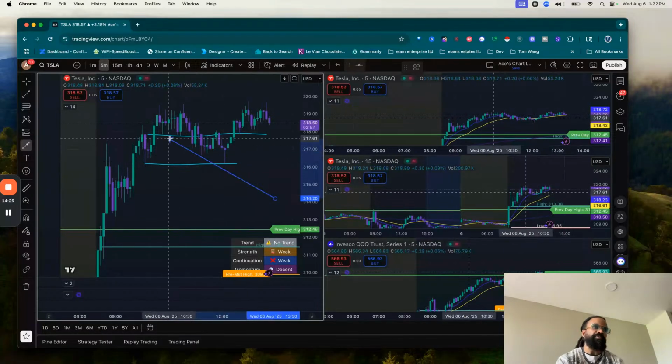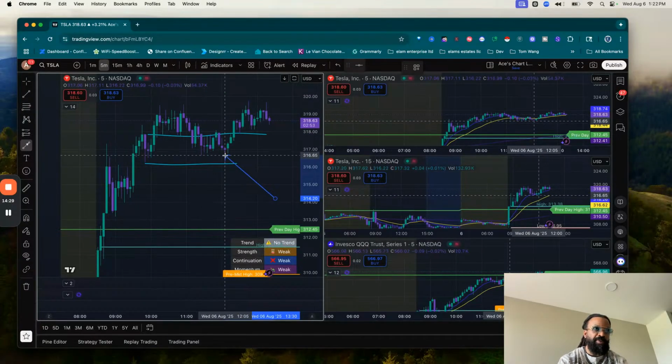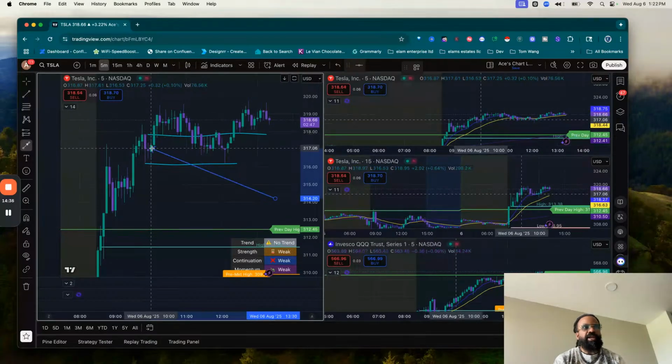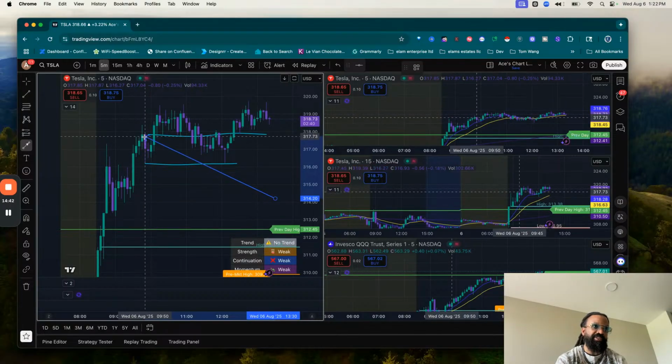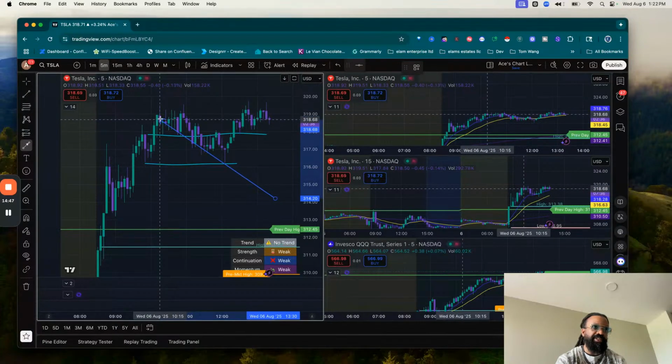So after a continuation, we consolidated for a bit and then we pulled back within the 5 minute order block. This is one of the down close candles within the uptrend. We have this down close candle, this one, and then this one.